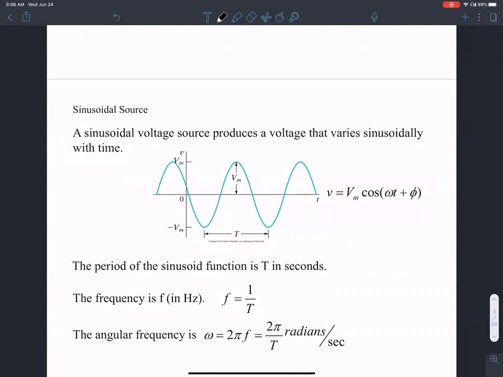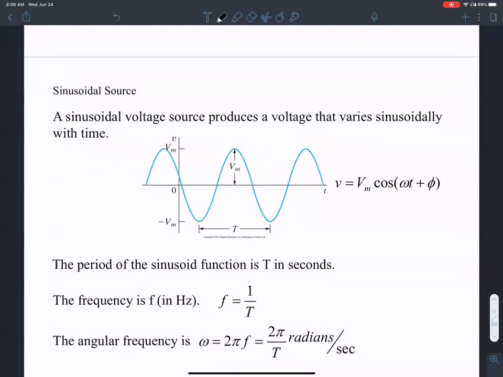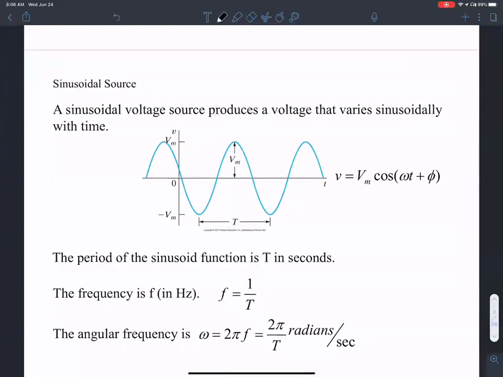So first, let's look at the sinusoid source. A sinusoid source produces a voltage that varies sinusoidally. Shown here is a cosine, where the wave is maximum at the start, that represents a cosine wave.